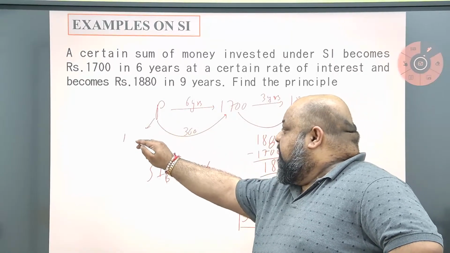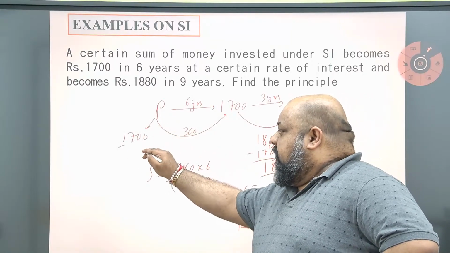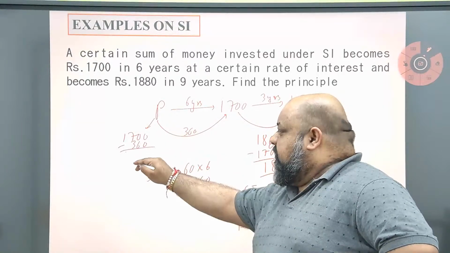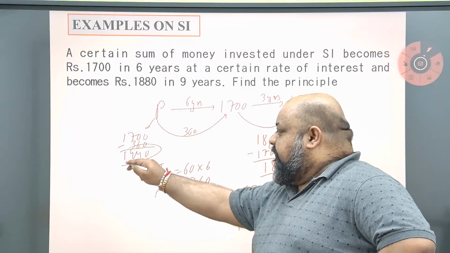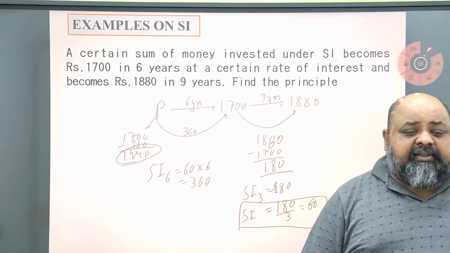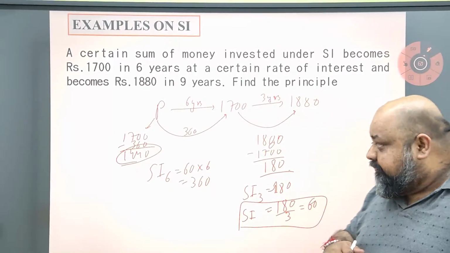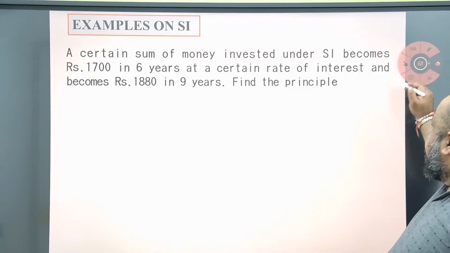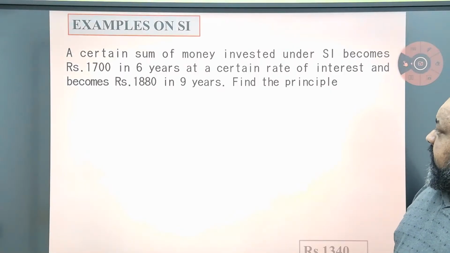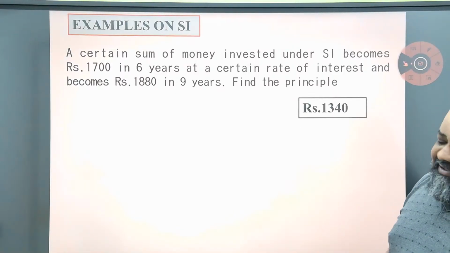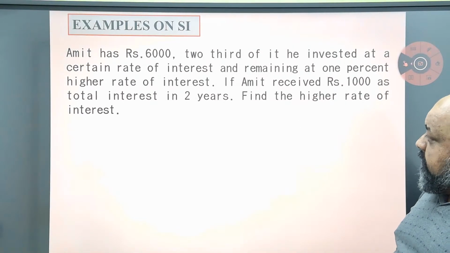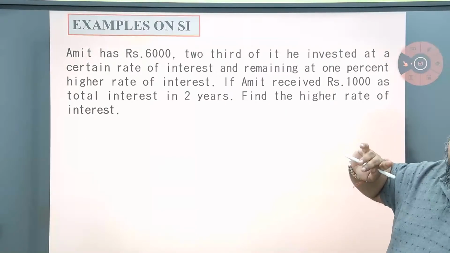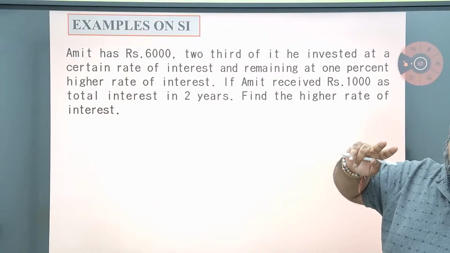So the principal will come out to 1700 minus 360, which is 1340. And that simply becomes the answer. Simple interest is additive and it remains same every year.